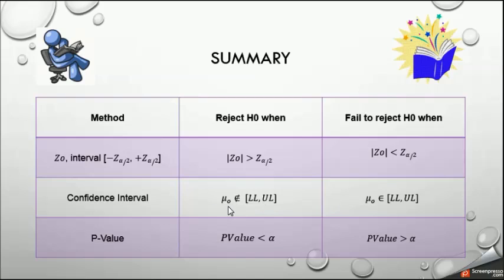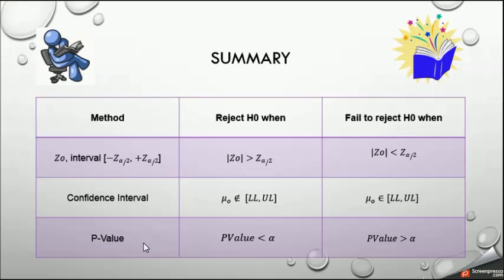If the hypothesized mean is not included in our interval, we will reject the null hypothesis. So it always depends whether the hypothesized mean value is included or not included within the confidence interval.